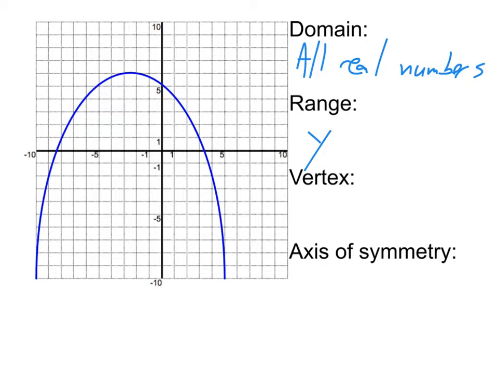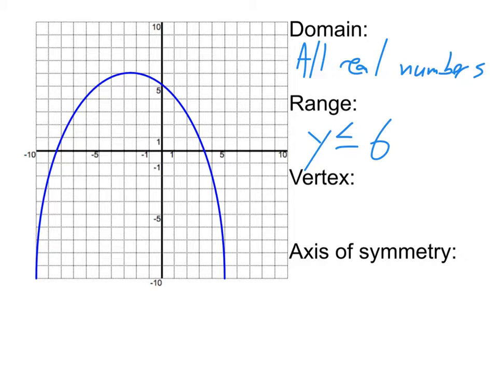Because that's where our graph lives. Since our graph lives below it, that means it is a less than or equal to. And then it's just a matter of what is that y value? And it's a 6. And so y is less than or equal to 6. That's our range.